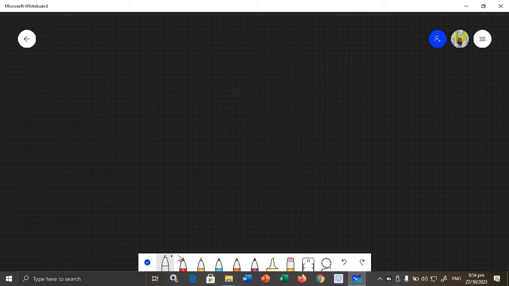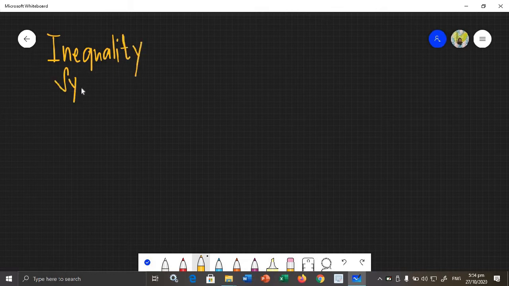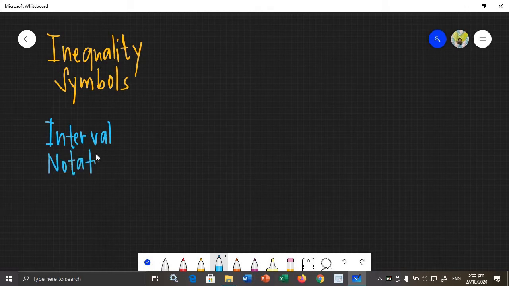You just need to remember this table that I am going to use, so kindly take note of this table. Interval notation and then number line.